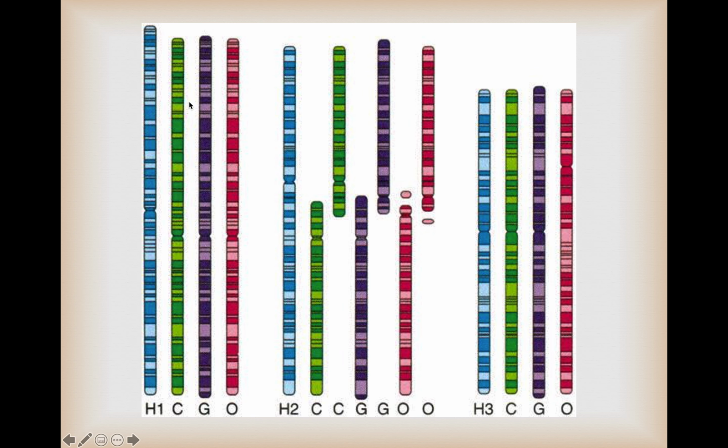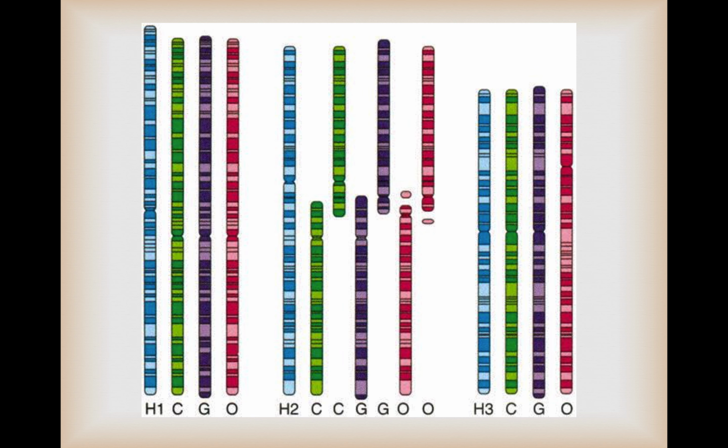So on this diagram, again, actually it would be better if we were face to face, but never mind. I'll just say it out loud. Usually I have a question for students to guess what does all this H, C, G, and O mean. So this is from chromosome 1, 2, and 3, and these are from animals which are said to have genomes which are similar to humans. If anyone could guess, then very good.